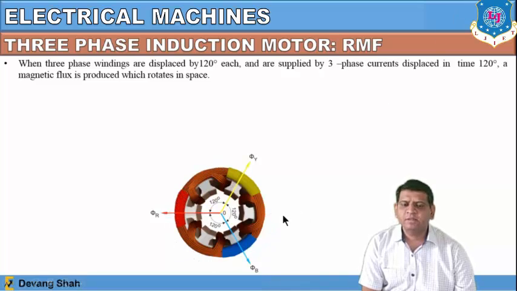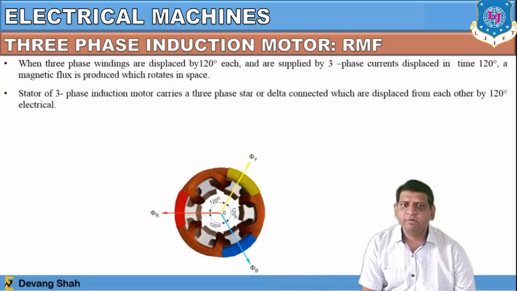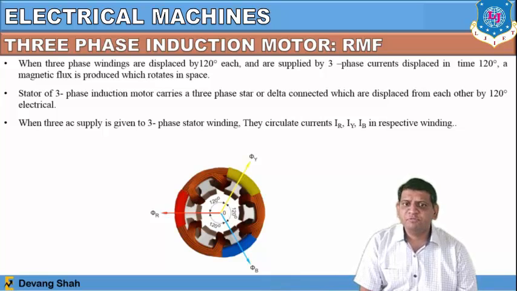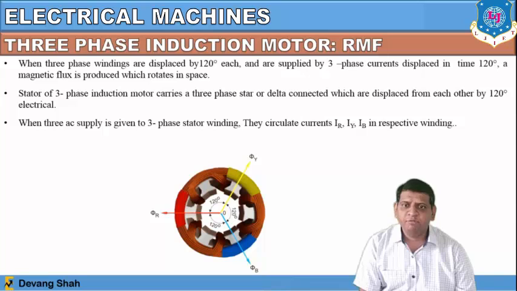Once you apply the three-phase AC signal, this winding will produce a rotating magnetic field. The stator of the three-phase induction motor carries the three-phase star or delta connected windings, which are displaced from each other by 120 degrees electrically. We apply the three-phase AC signals in the form of currents IR, IY and IB.